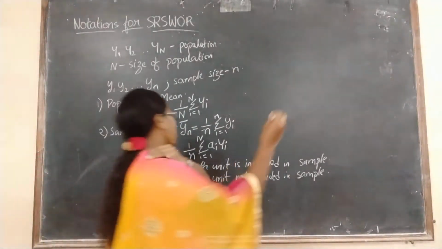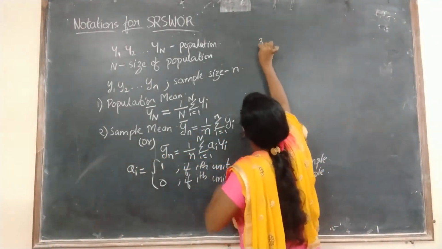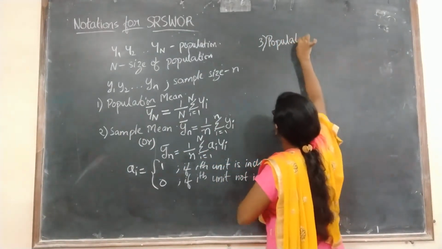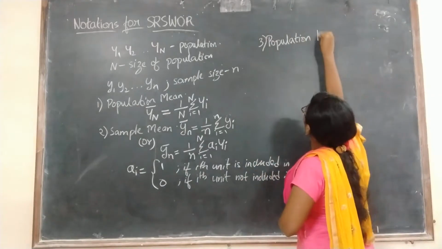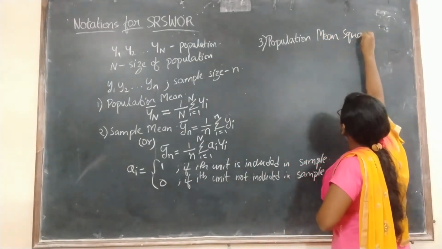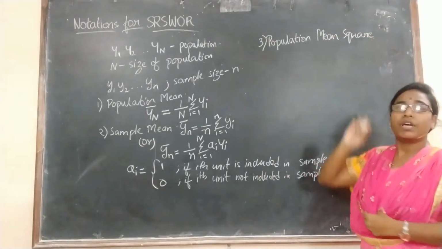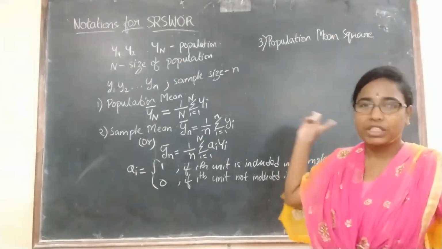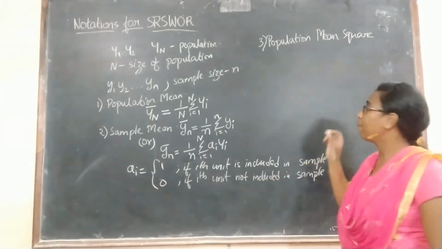And the next formula is population mean square. Population mean square means for variance you will use 1 by N, and for population mean square you will use 1 by N minus 1.